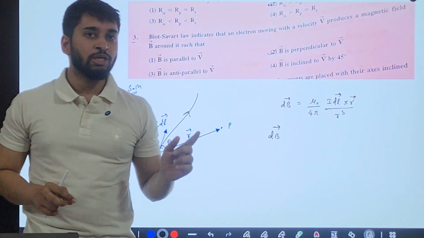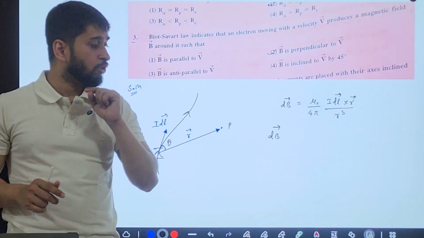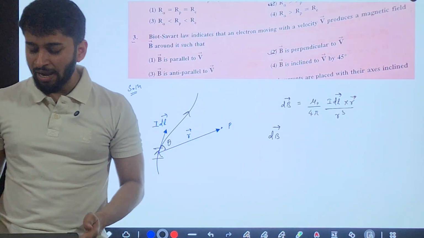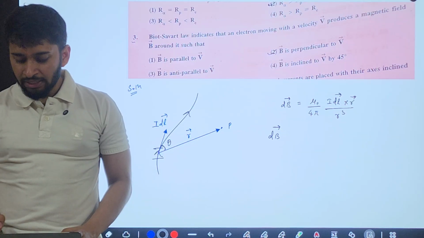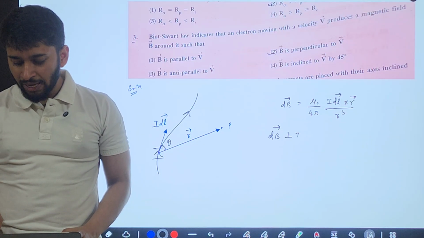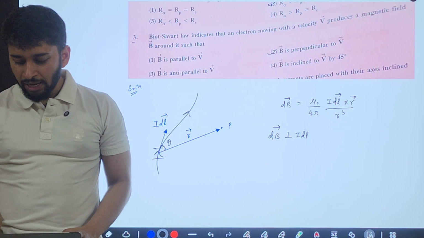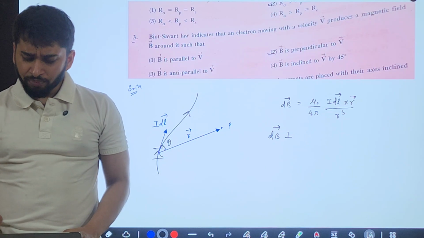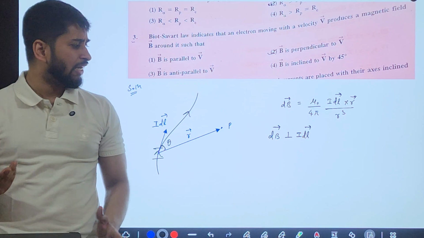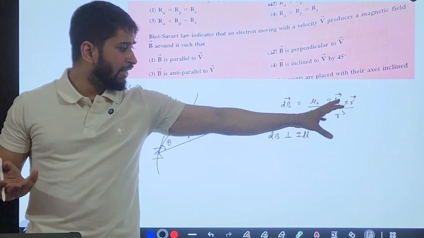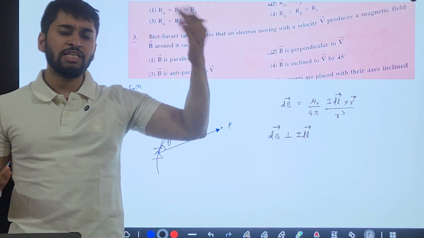So dB bar is perpendicular to I dL bar, and I dL bar will be in the opposite direction of your V bar here, because it is an electron. Here we consider the direction of proton, but it will be just the opposite direction.